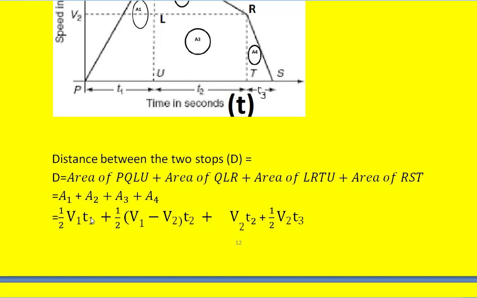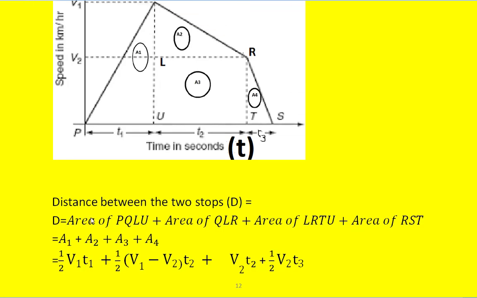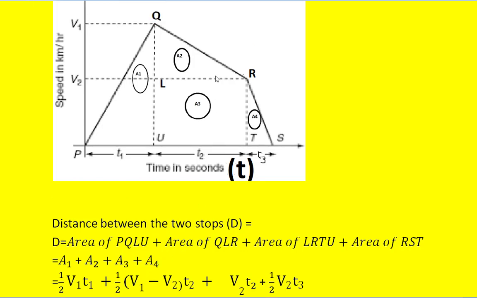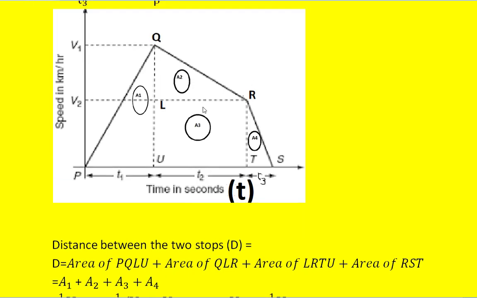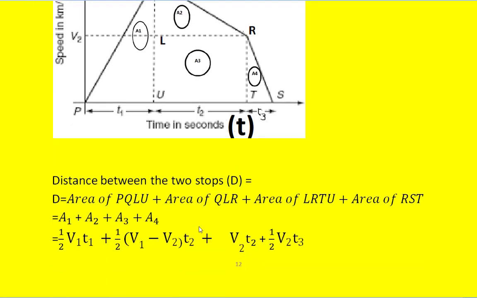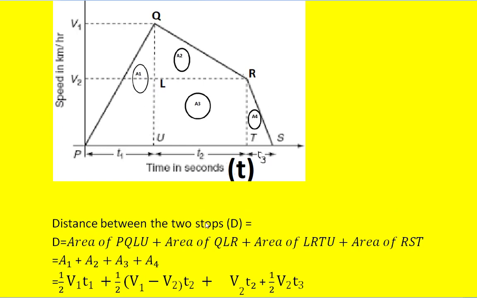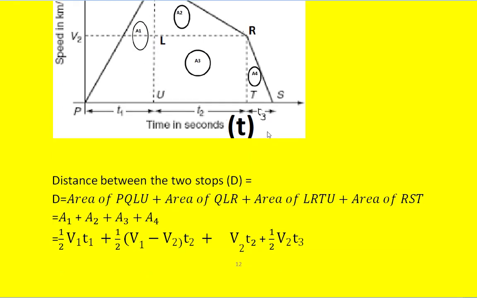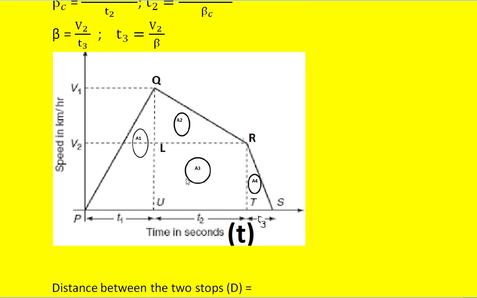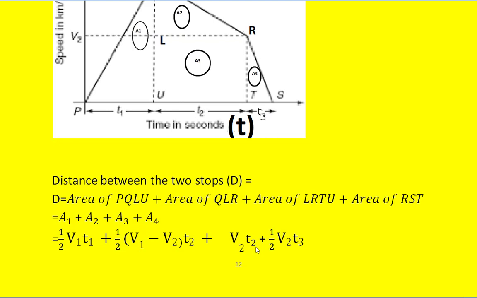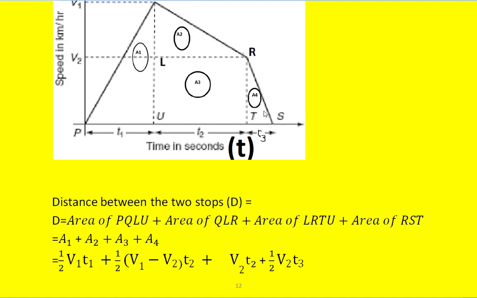Now when we calculate, A1 is nothing but a triangle with the highest speed V1, so half V1 T1, plus A2, that is also a triangle, so we can write half into V1 minus V2 into the period T2, plus A3 is nothing but a rectangle, so length into width, that is V2 into T2, plus again a triangle, that is A4, given by half V2 T3.